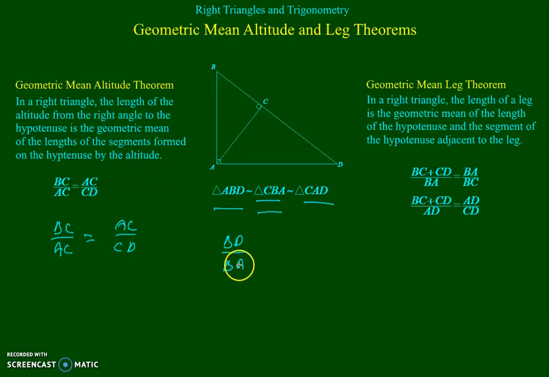So BA, go back to the big triangle, and we need this leg, BA. So BA in the big one here corresponds to CB in the little one, CB. And you can see that we've recreated this. BD is BC plus CD, so that's what this is. And so we've recreated that statement.